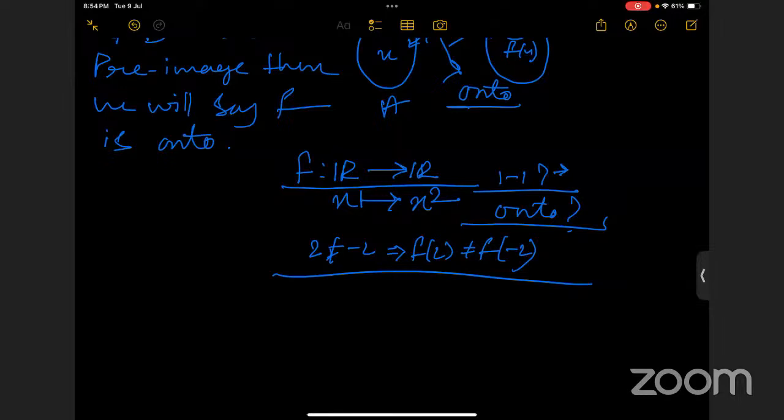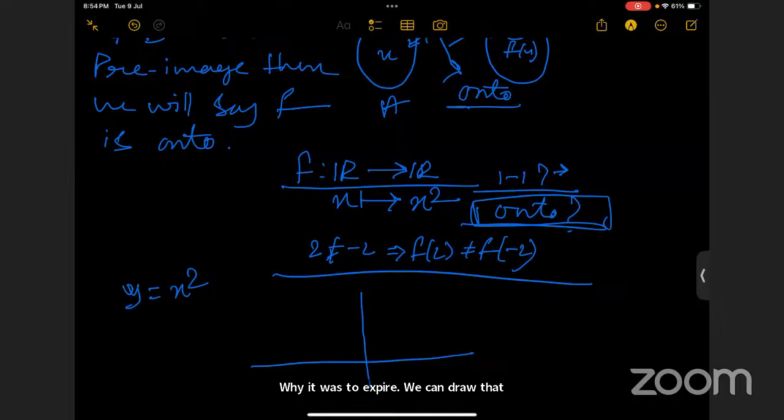If we have y equals x square, we can draw the graph, right? From the graph also you can say whether it is onto or not.